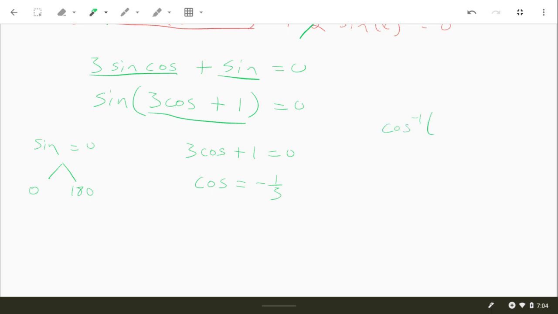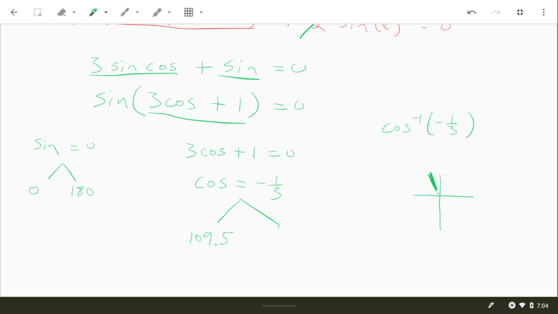So cosine inverse of negative 1/3 is what I'm pressing here on the calculator. Negative 1/3. All right, so this is going to give me, my first answer that it gives me is 109.5 degrees, which is about right there.